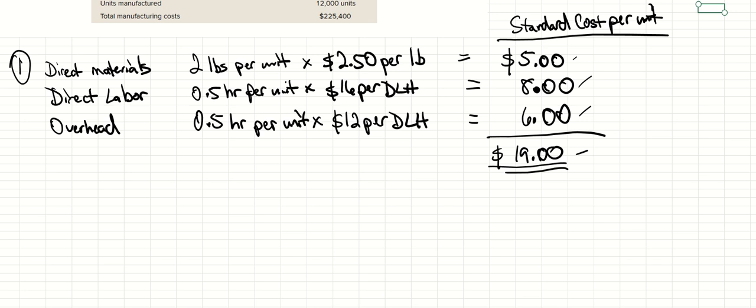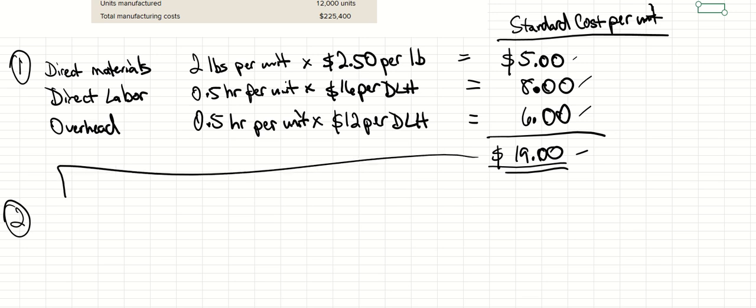So I'm going to put number 2 here, and then I'm going to bring this $19 over here. And this is our standard cost per unit. And I'm going to multiply it by something.